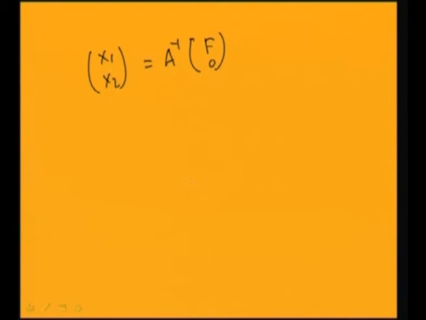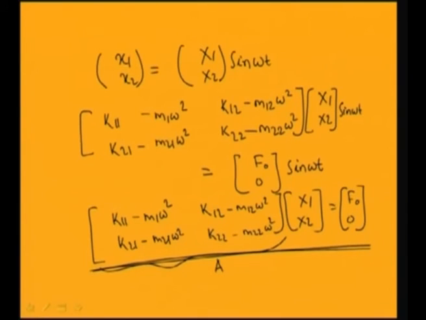If you find the inverse of this matrix, the inverse can be obtained by finding the adjoint matrix and dividing it by the determinant of this matrix.